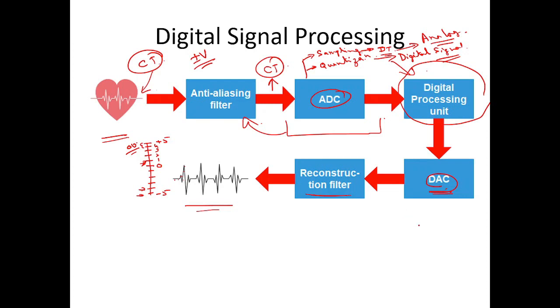It is capable of having any kind of amplitude value, but the signal is still a discrete time signal, similar to after sampling. Now the reconstruction filter helps you get to the continuous time domain.